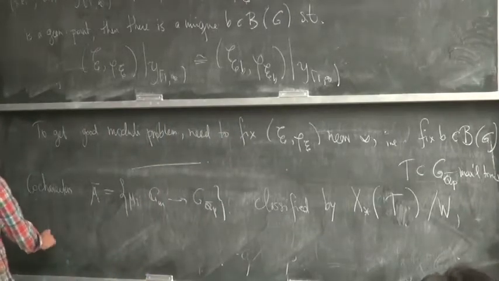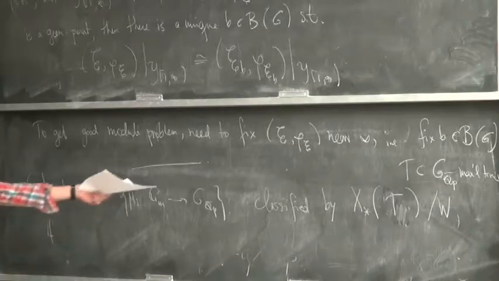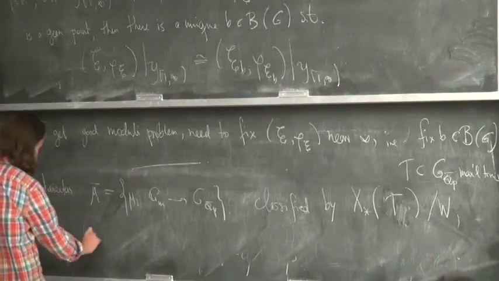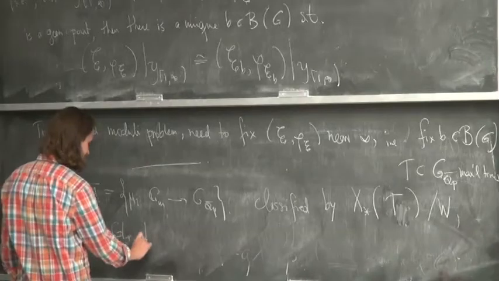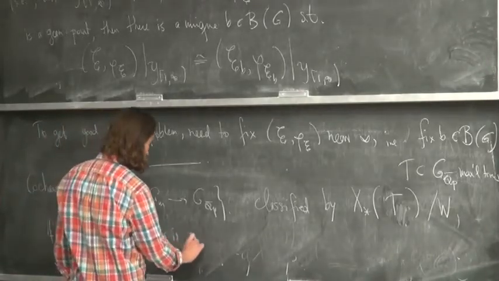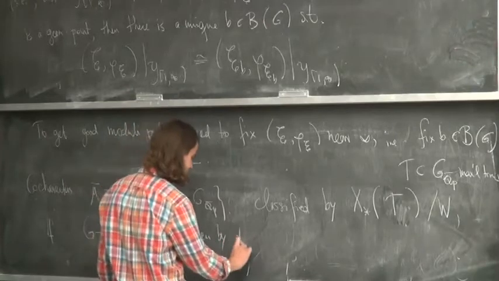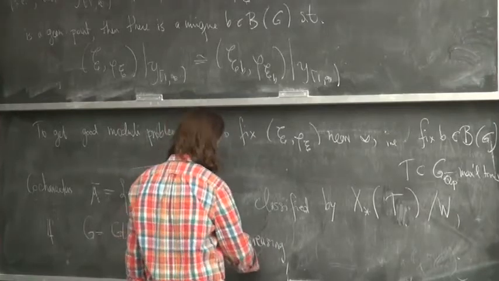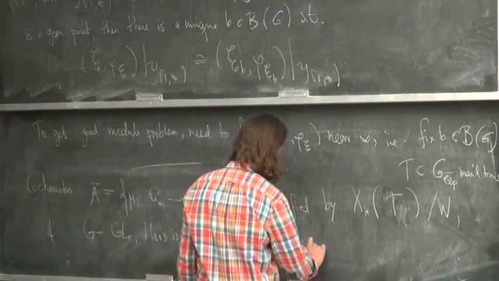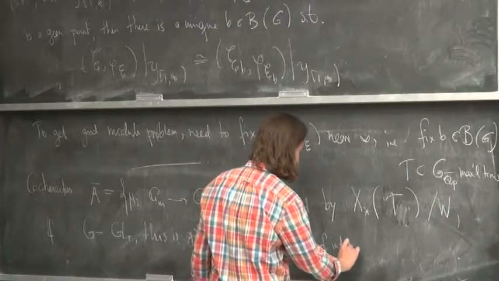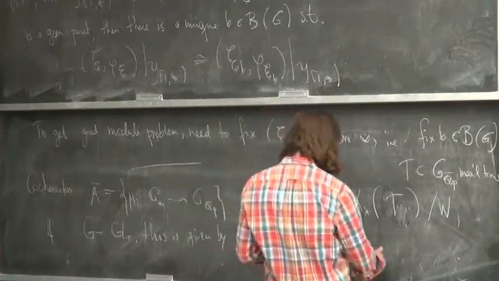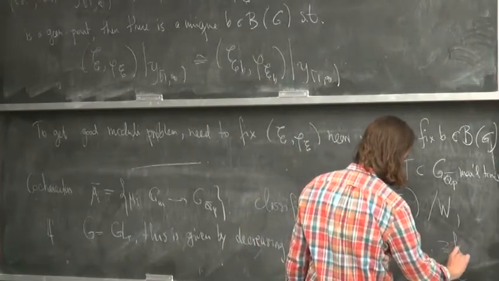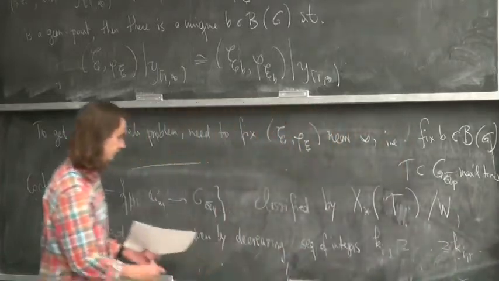And so you can always represent, there's a unique dominant representative always, if you also fix a Borel. And so if G is GL_n, this is given by a decreasing sequence of integers, mu_1 up to mu_n.